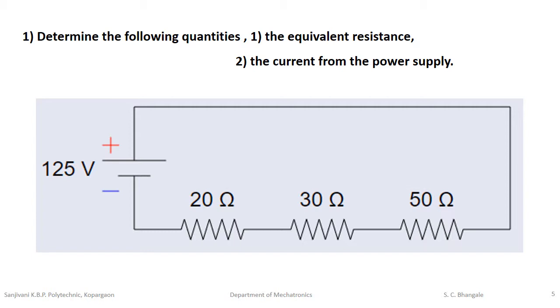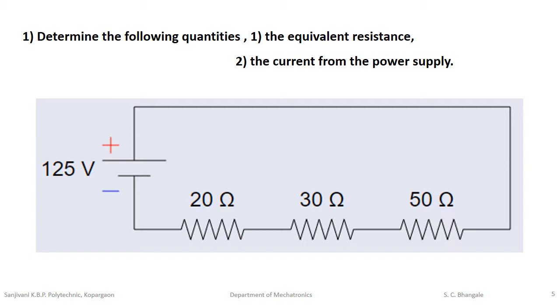Determine the following quantities for the given circuit diagram. In the circuit diagram, three resistors are given having values 20 ohm, 30 ohm and 50 ohm, and a voltage of 125 volt is applied across these resistors. As these three resistors are connected one after another, or in the same line, we can say that the resistors are connected in series.